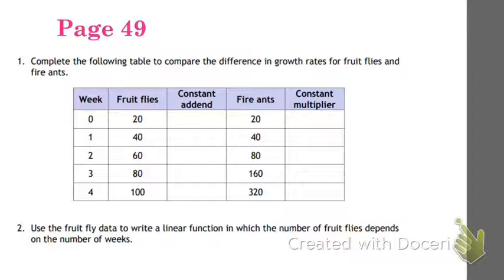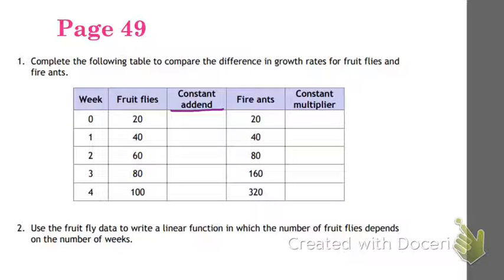So let's look at these fruit flies first. So week 0, that's our starting point. When we start, we have 20 fruit flies. And then after the first week, we have 40. Second week, we have 60, 80, 100. And so with our fruit flies, we have a constant that we are adding to our fruit flies. What's the constant that we keep adding each week? 20, yeah.